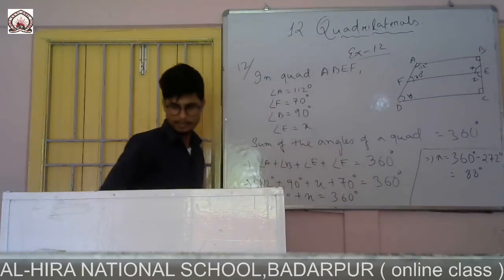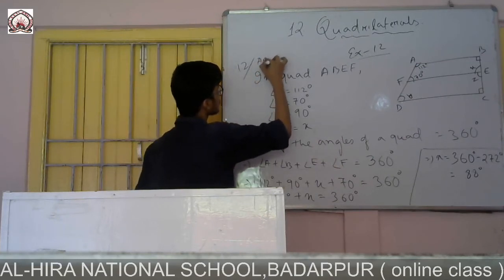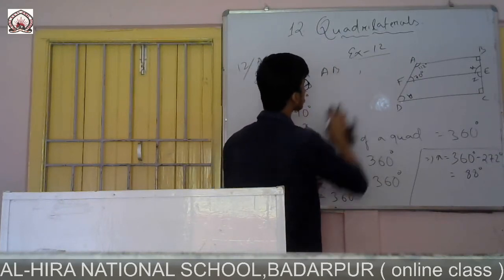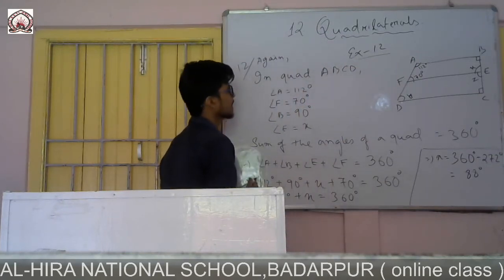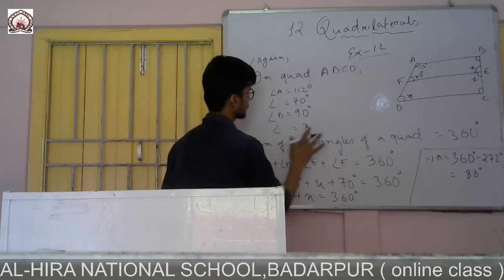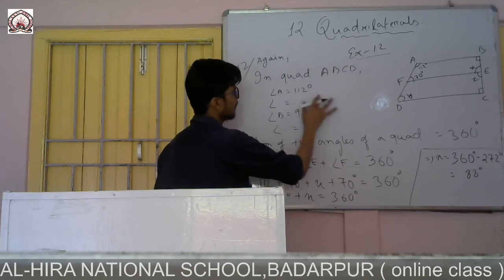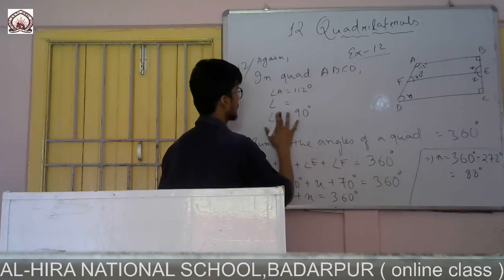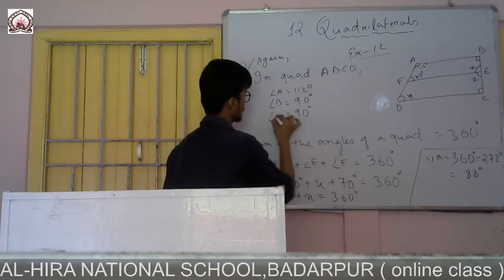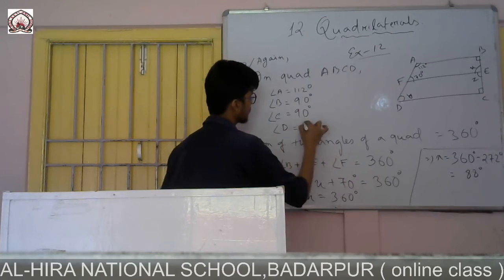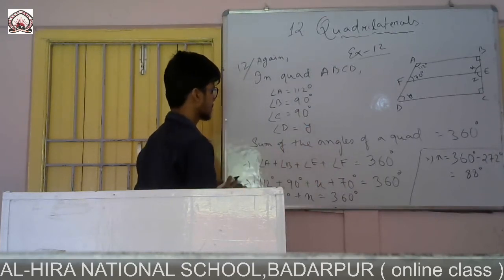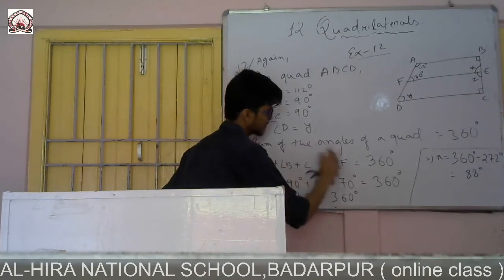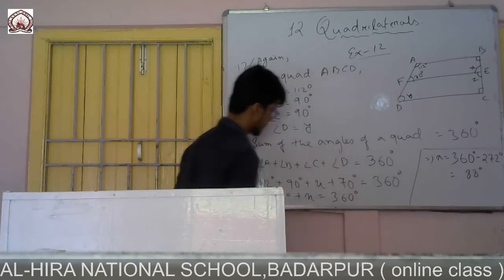Write again, in quadrilateral A, B, C, D, angle A is 112, B is 90 degree, C is also 90 degree, and D is given as y. Since sum of the angles of a quadrilateral is equals to 360 degree, angle A plus angle B plus angle C plus angle D is equals to 360 degree.